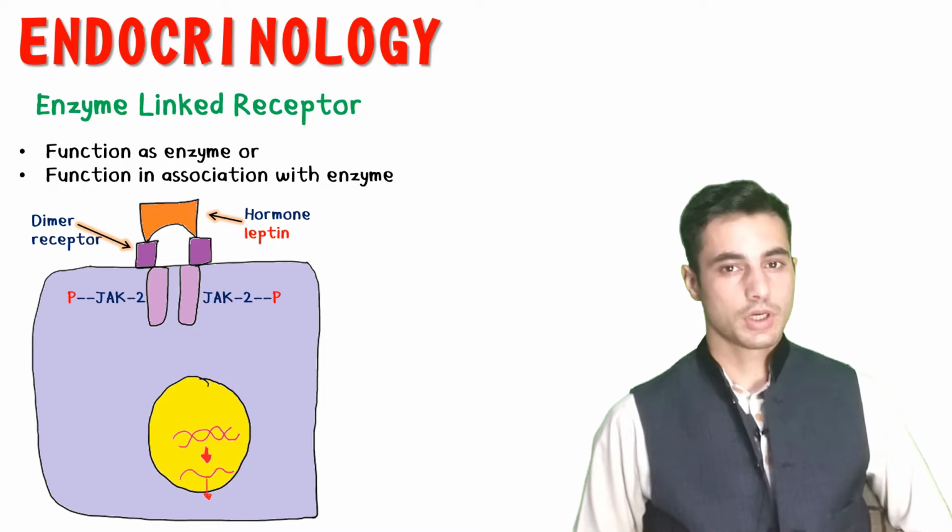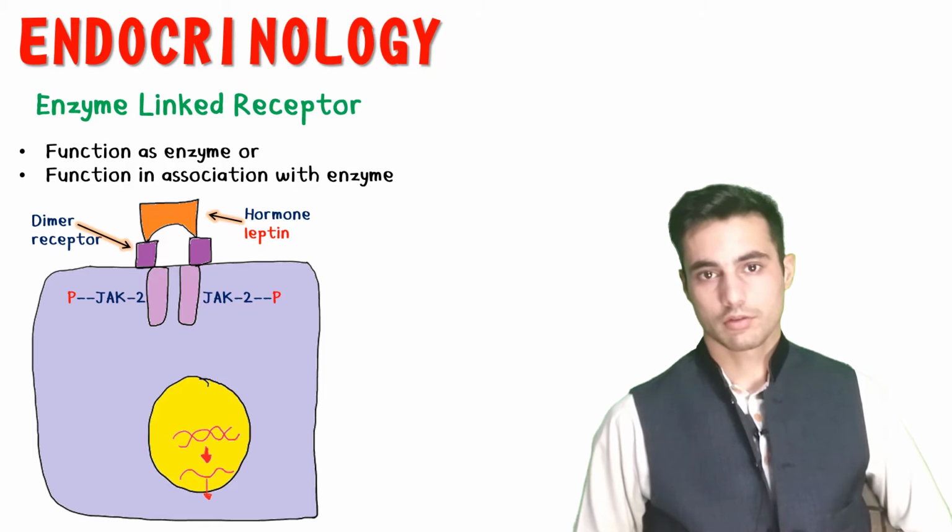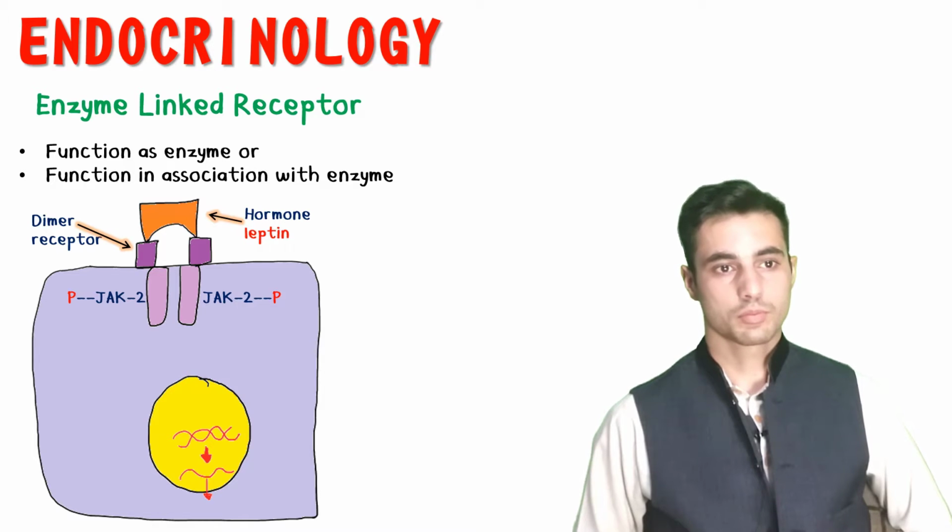Now the intracellular part is associated with the JAK2 proteins, known as Janus kinase. The binding of the hormone causes the phosphorylation of this protein, and the tyrosine residues from this phosphorylation will send a signal to the signal transducers and activators of transcription proteins, and it will cause phosphorylation.